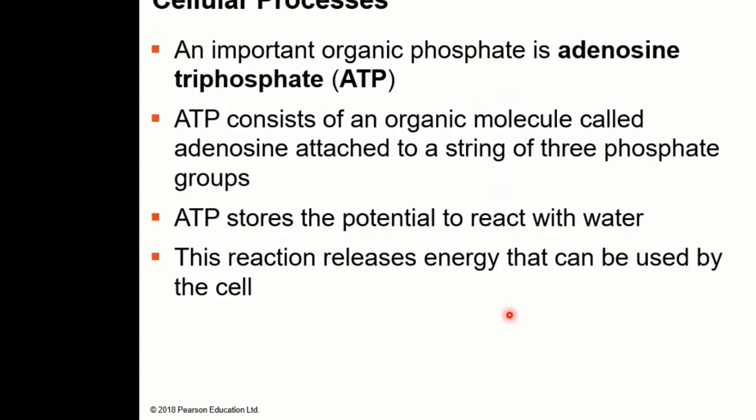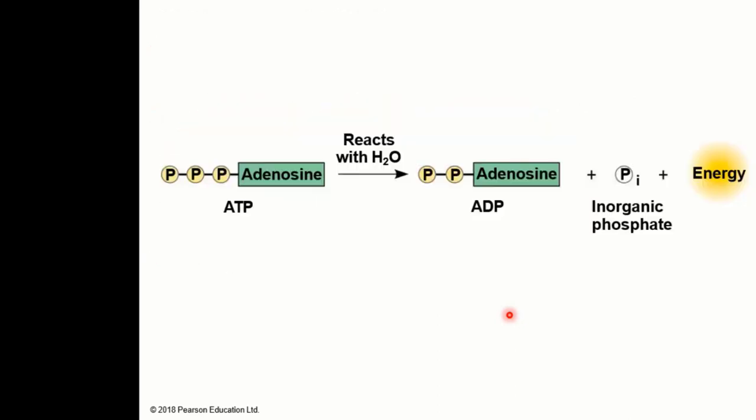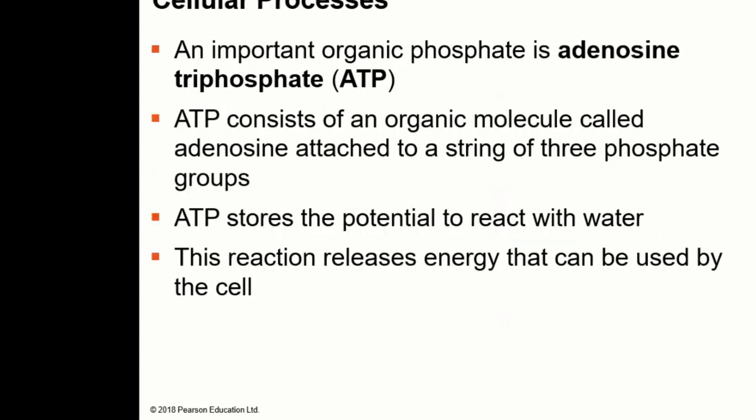They have explained here that ATP stores the potential to react with H2O, and this reaction releases the energy that can then be used by a particular cell. Then the adenosine reacts with water, giving adenosine diphosphate, ADP, plus the inorganic phosphate, which gives the energy that can be utilized by a particular cell.